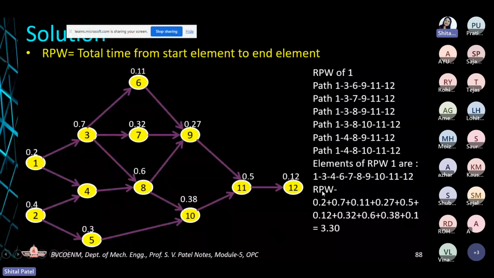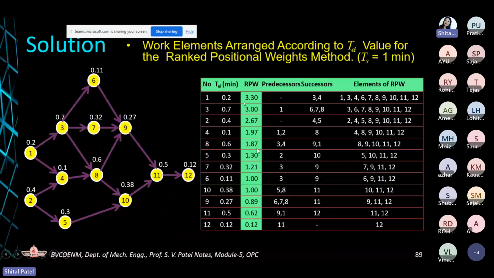RPW means rank position weight method. Now here in RPW, we are going to give weightage. How is this weightage going to be given? Say you are doing your project and the project leader is there in your company, you are working under the project, and under the guidance of this leader, 10 people are there, right?